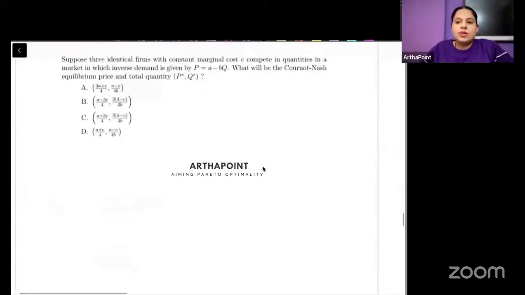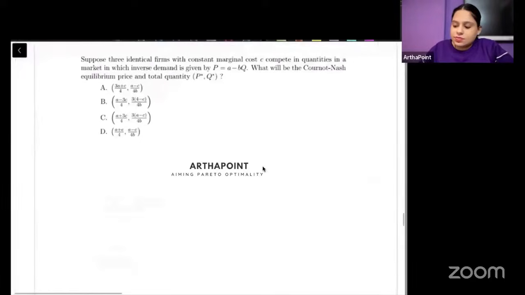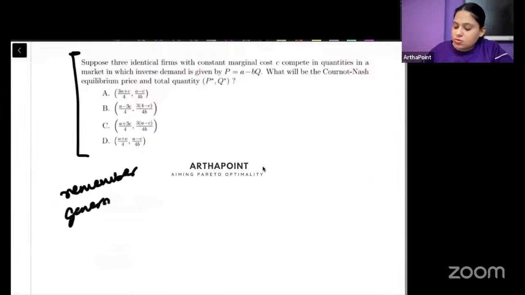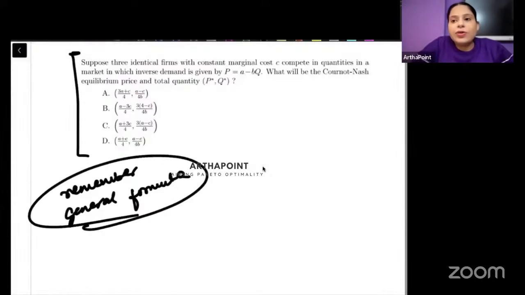Try this one. Please, in these cases, remember the general formula. I don't have to waste my time in the exam to solve again. You can remember the general formula.